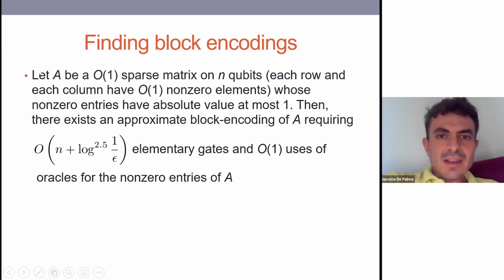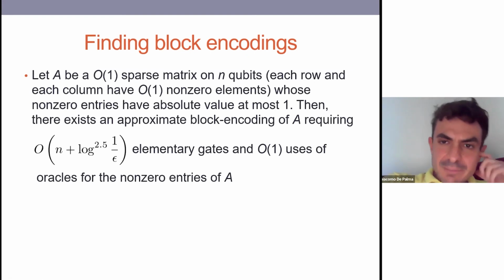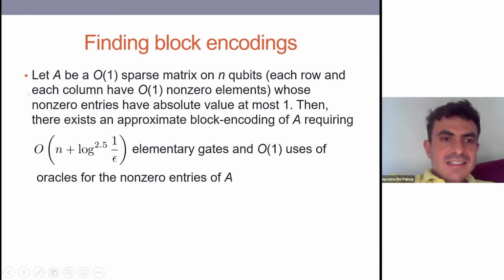So let A be our sparse matrix. Let's assume that it's order 1 sparse, in the sense that each row and each column has only order 1 non-zero entries. And let us assume that all the non-zero entries have absolute value at most 1.